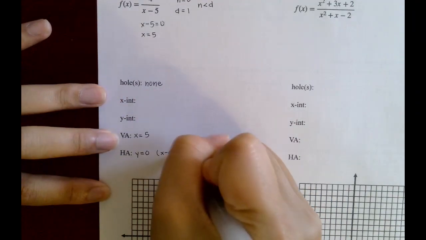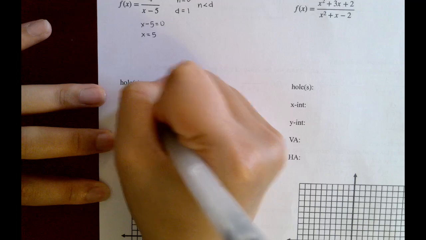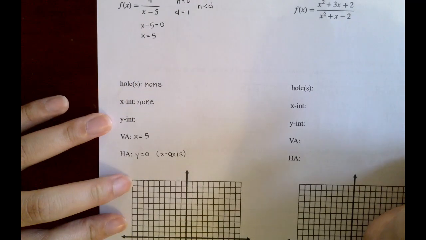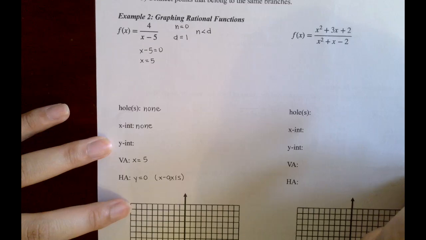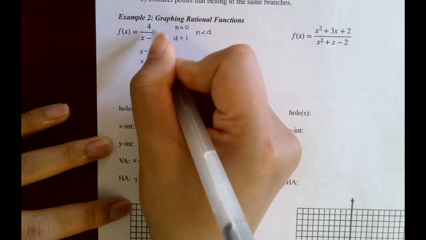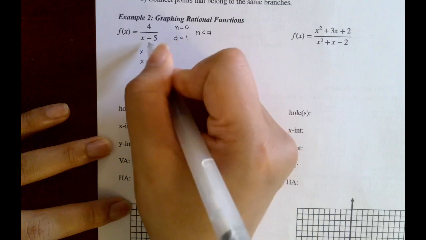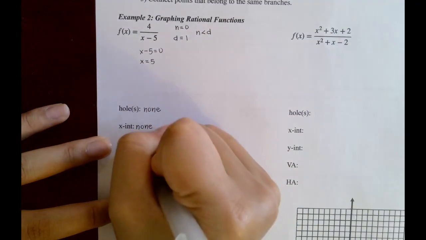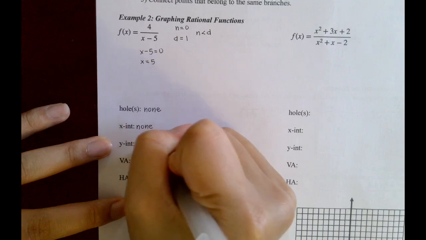That means that we're going to have no x-intercept. And for the y-intercept, we're going to plug in 0 for x and solve for y. So this becomes 4 over 0 minus 5, which is negative 5. So this is going to be 0, negative 4/5.